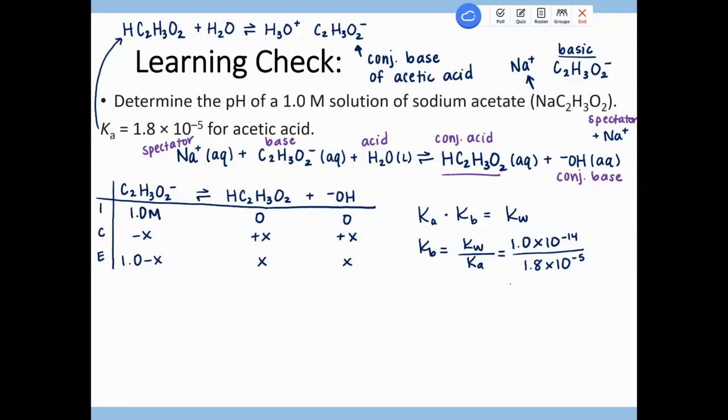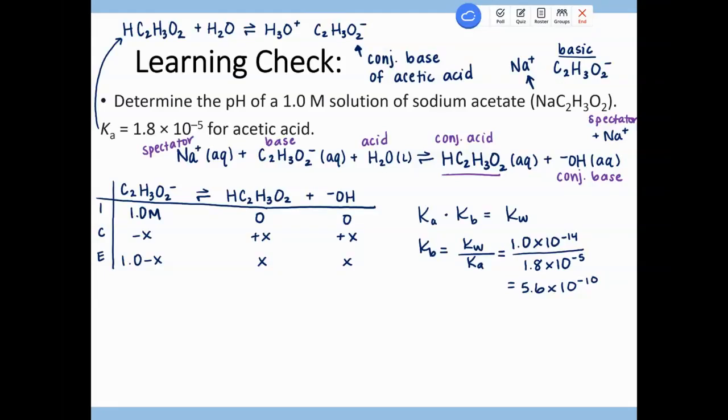Kb is 5.6 times 10 to the negative 10. So this is the K value, the equilibrium constant for acetate, the base C2H3O2 minus added to water solution. So the ratio of products to reactants is this value for acetate.